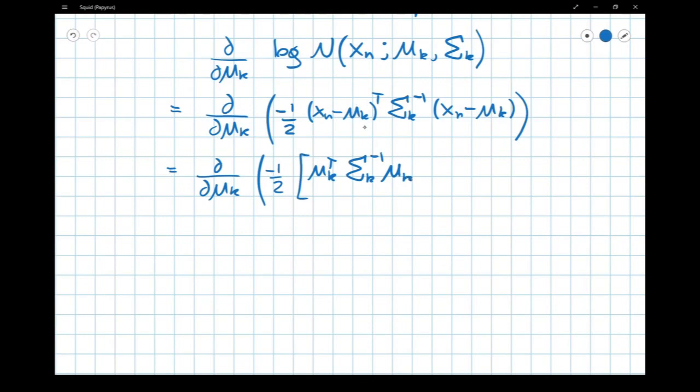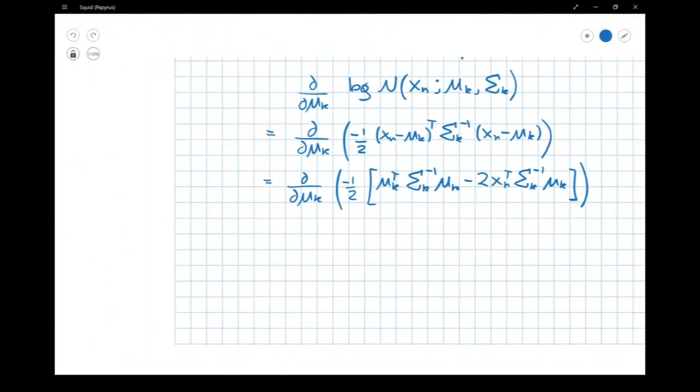So that's come from this multiplied by this multiplied by this. And then there's also two terms that are equal to x_n transposed, your covariance matrix inverted, times mu_k. Again, plus some other constants that we're not too worried about.